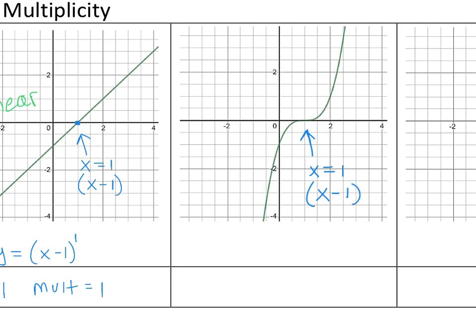We see a flattening here, just slightly, so that is going to be x minus 1 with a multiplicity of 3. So our x equals 1 is our 0 with a multiplicity of 3. And if we were to do our distribution here on this factor, we can see that we have a cubic polynomial.